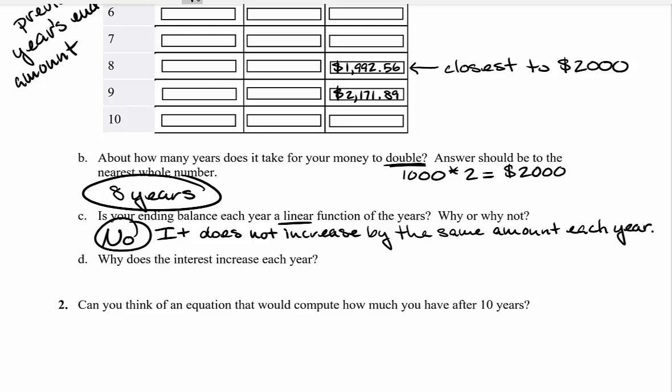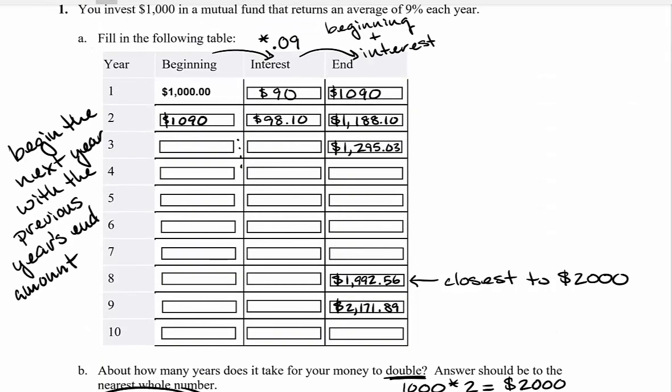Let me show you how I know that. If we go up here, from year 1 to year 2, that's a total increase of, well, if you subtract 1,090 from 1,188.10, you get $98.10. That's how much we increased.